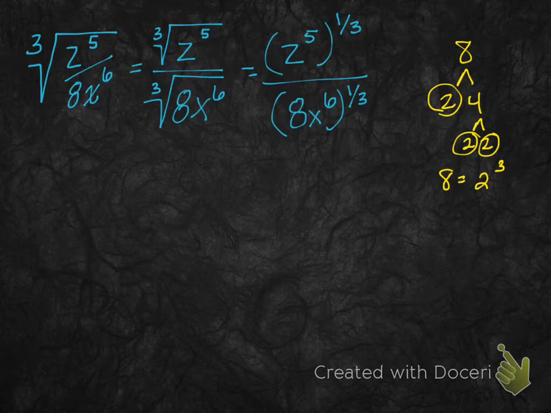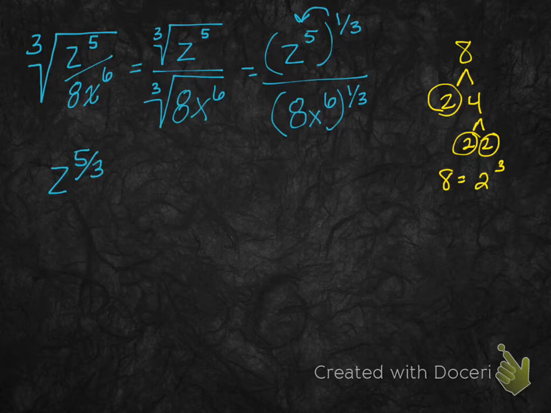Alright, let's go back and rewrite this. Z to the 5th power, and I'm going to bring that power inside and write it as 5/3.